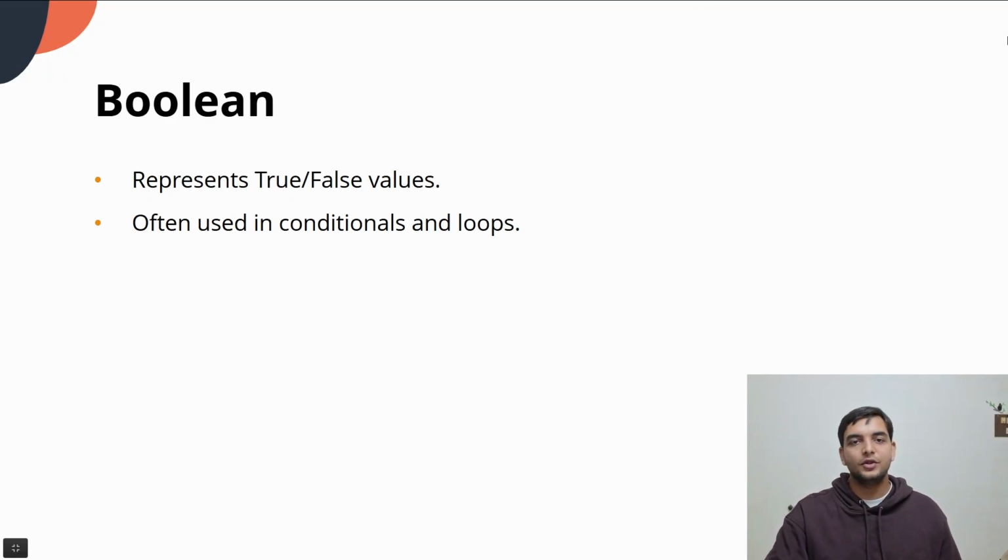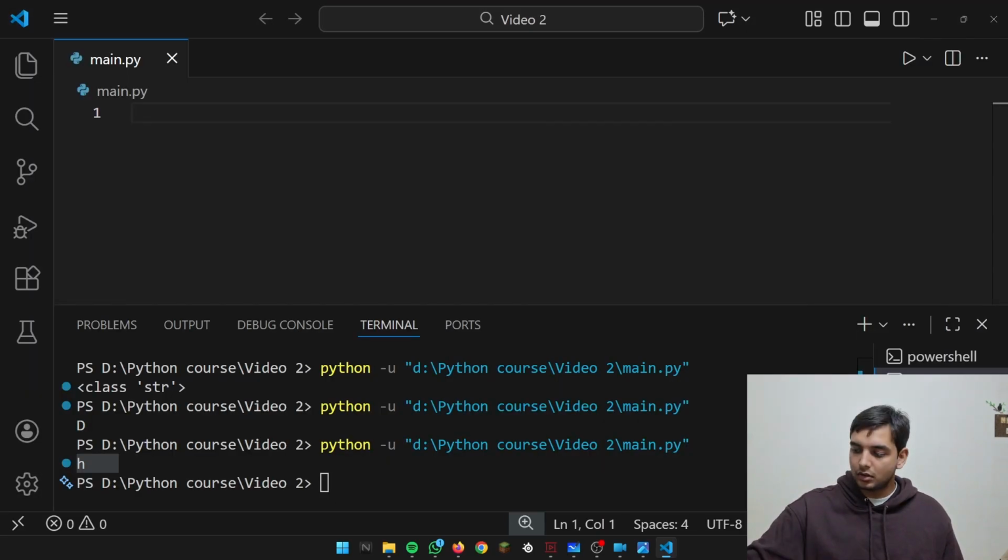They are basically used in conditionals and loops. Conditionals are basically if and else statements, and loops are where we repetitively run a specific chunk of code until a condition is satisfied. So yeah, that's about Boolean. We'll be demonstrating that as well.